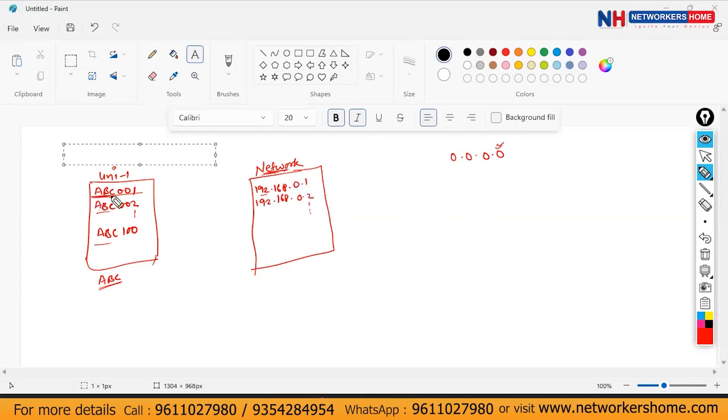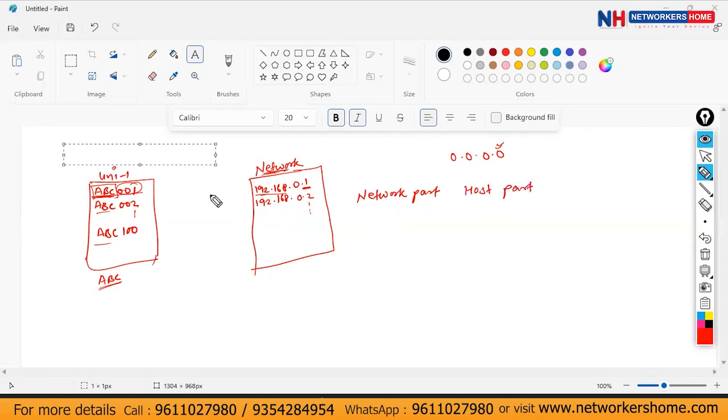Just like in your enrollment number, ABC defines the name of the university, that is, which university the student belongs to, and the remaining part is the number of the student. Similarly, in your IP address you will have a part defining the network, which you call the network part, and a part defining that particular node, which is known as the host part.